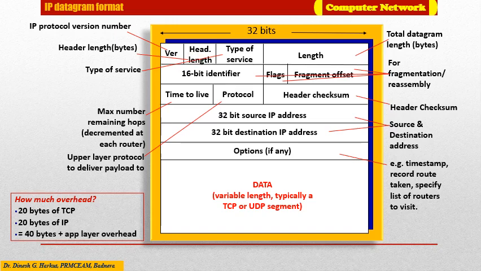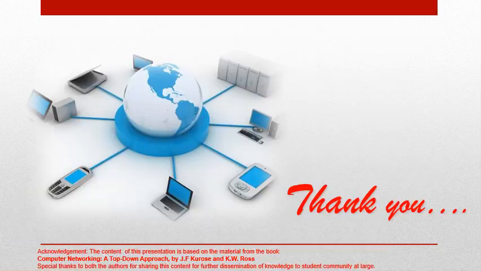These are the most important fields that constitute the IP datagram format, and each and every field mentioned here plays a vital role in routing and forwarding the packet from one router to the next, which we will see in our next session.